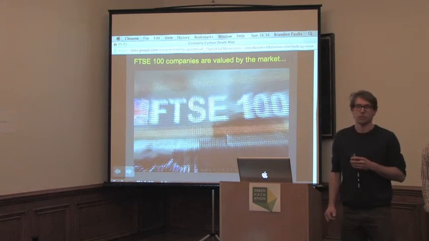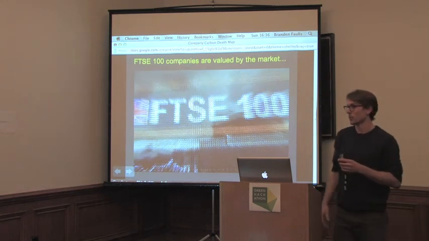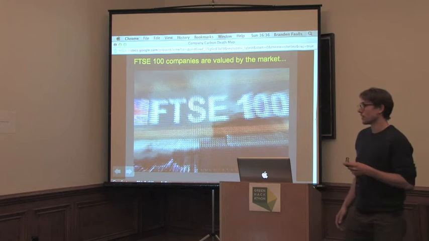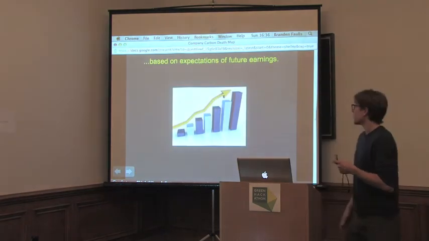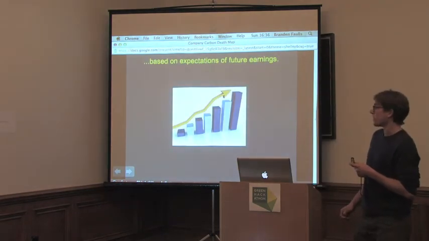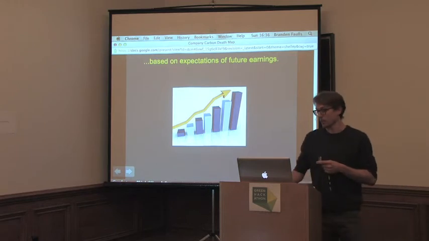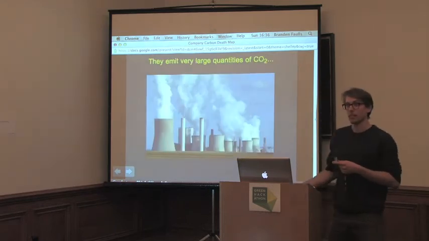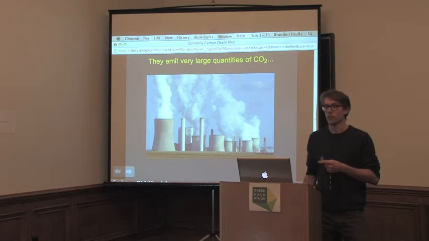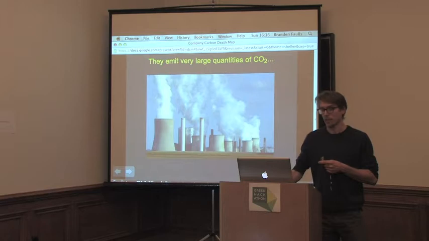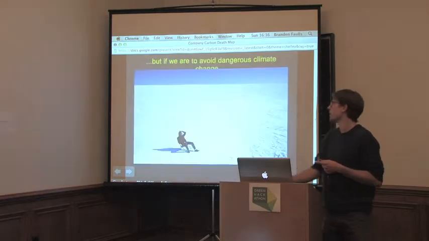Basically, FTSE 100 companies, all companies that are publicly floated, their values are freely available based on expectations of their future earnings. They emit very large quantities of CO2. Some companies emit more than others, but generally they're all very polluting.